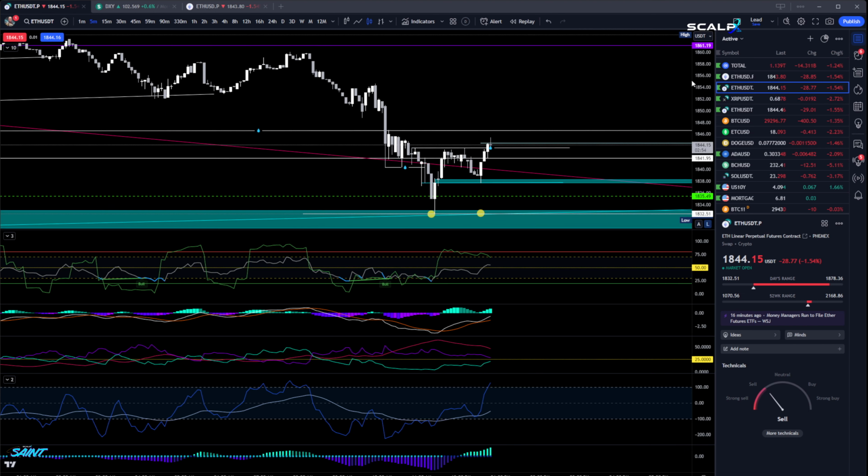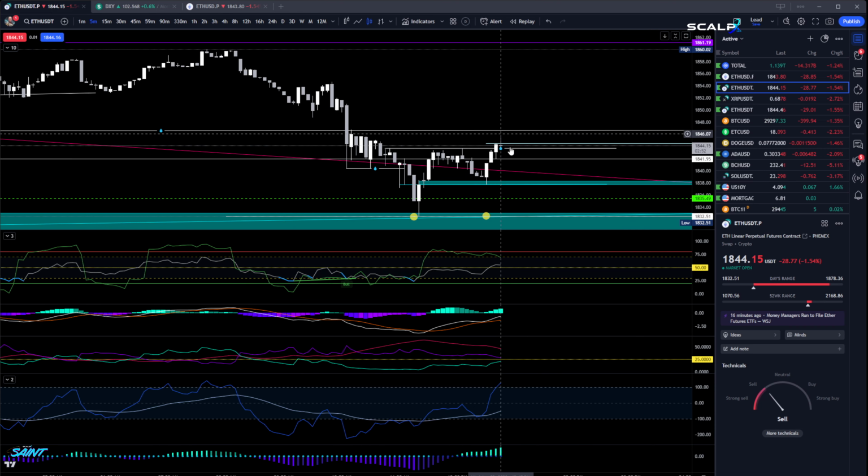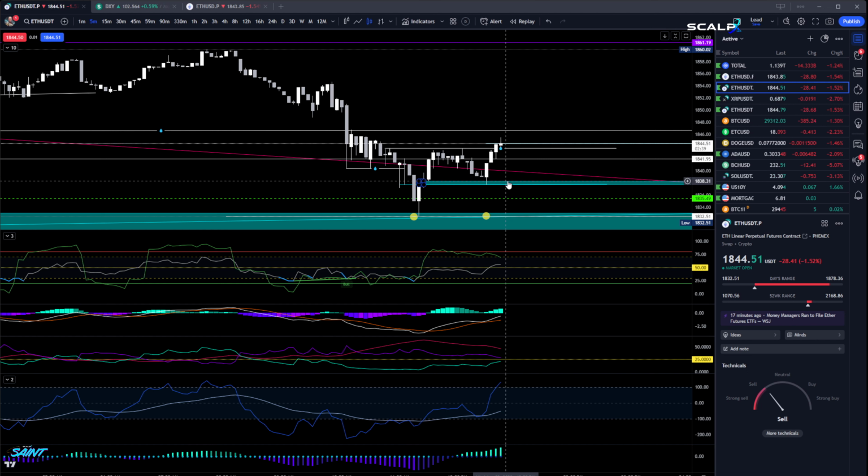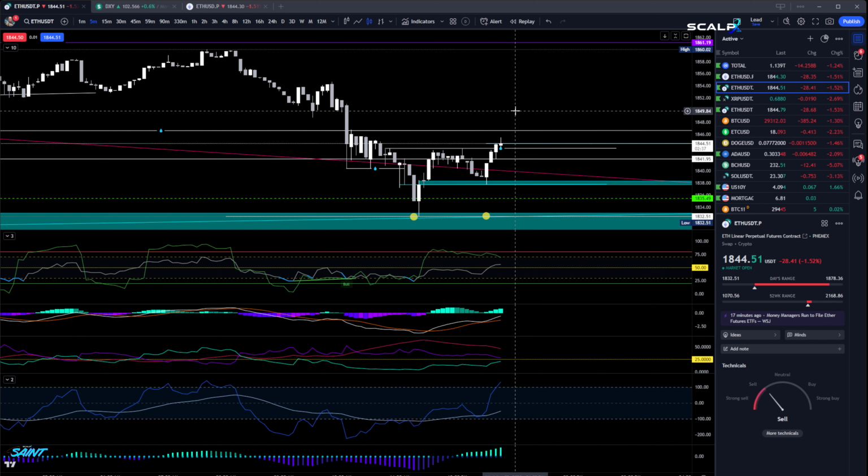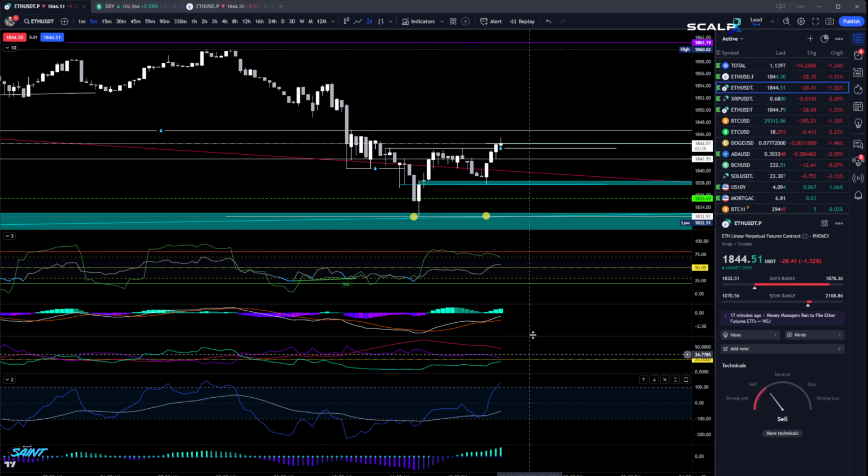So that tells me we have possibly another push down to here, 1840. Maybe even that order block that we just made. Right, because it's only had one reaction. So maybe it gets another reaction, and then we move back up. I'm purely basing that off of the squeeze.